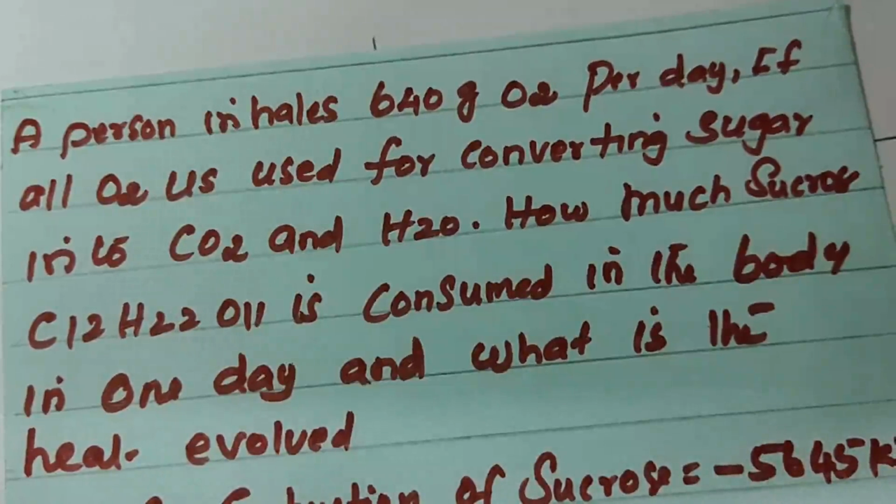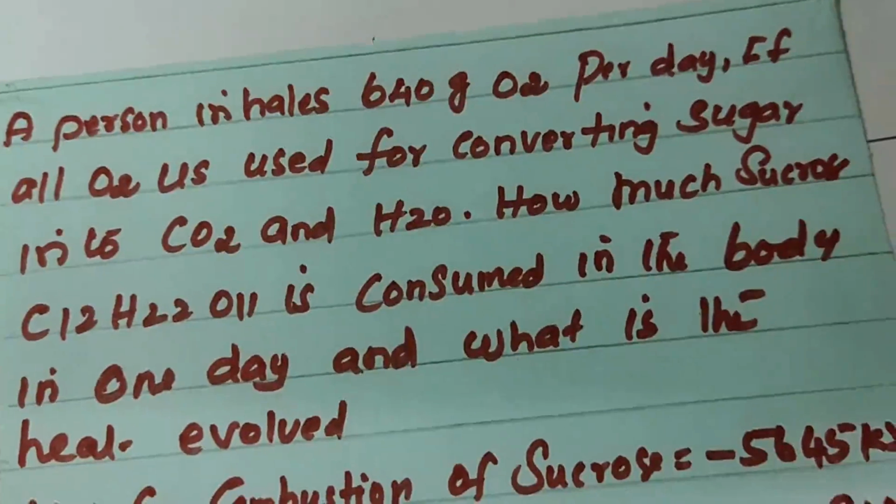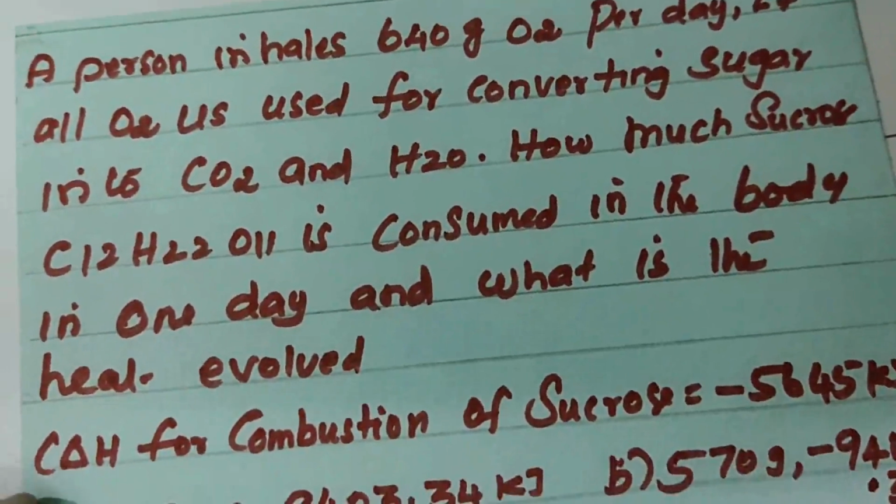A person inhales 640 gram of oxygen per day. If all oxygen is used for converting sugar into carbon dioxide and water, how much sucrose, C12H22O11, is consumed in the body in one day? And what is the heat evolved?